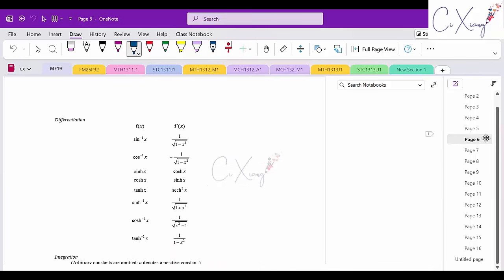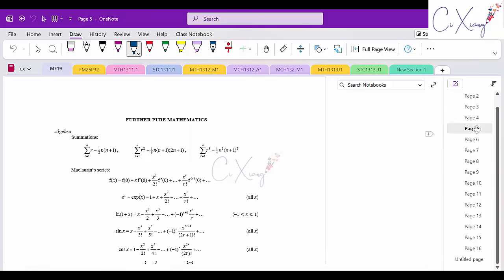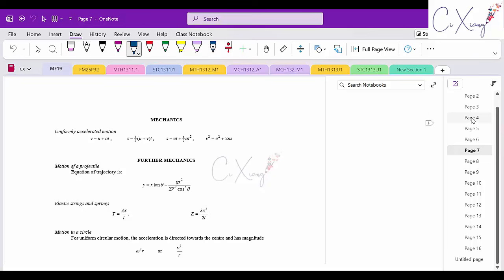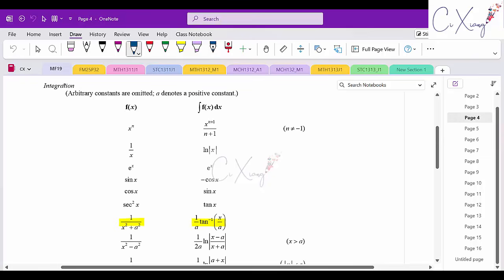But personally, I always suggest students, if you can, try to memorize some basic integration techniques. Then at least you know what kind of technique you can apply. Let's have a look here. Integrating 1 over x squared plus a squared, you will get 1 over a tangent inverse of x over a.